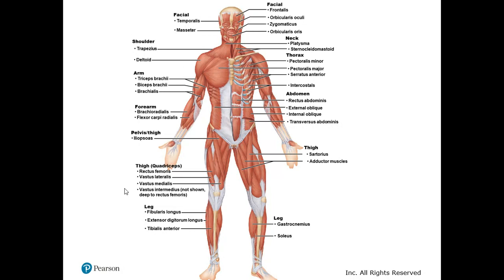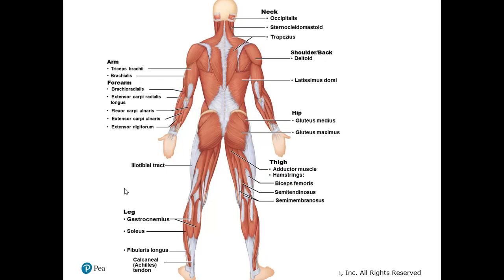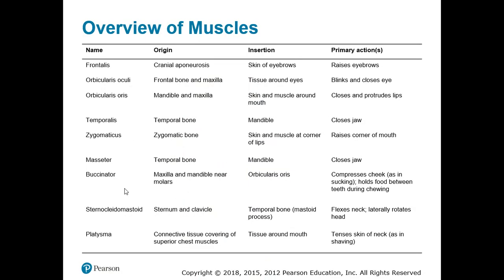This is the anterior view, and here is the posterior view. I've also included these in the lesson because they come from your textbook and I want you to have a point of reference. For example, these tables help explain the names of the different muscles that we'll be talking about, and their origin point. Remember we talked about origin and we said that this is where it attaches to something that is immovable or barely movable.